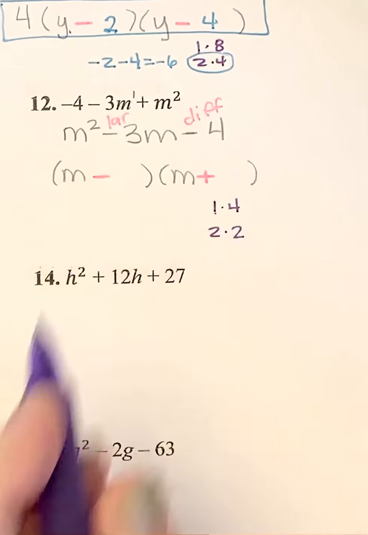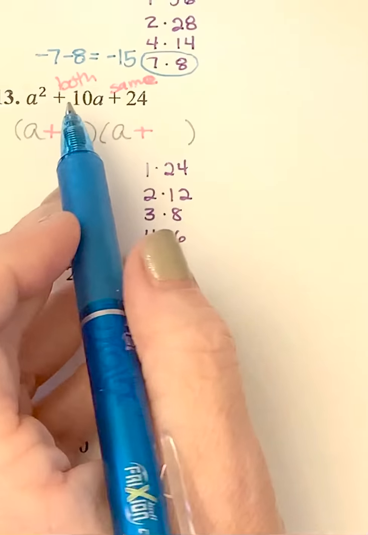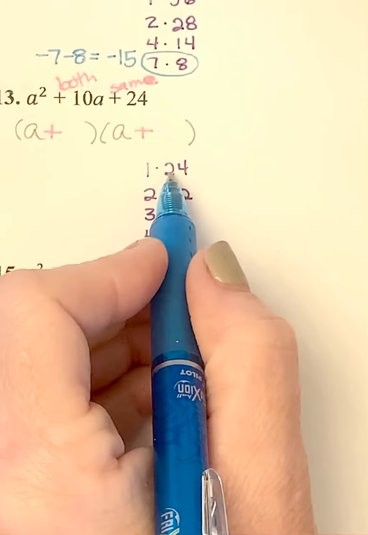Now I list the factor pairs of 24, 1 and 24, 2 and 12, 3 and 8, 4 and 6, 5 won't go into it, 6 times 4, but I've already got it listed here.